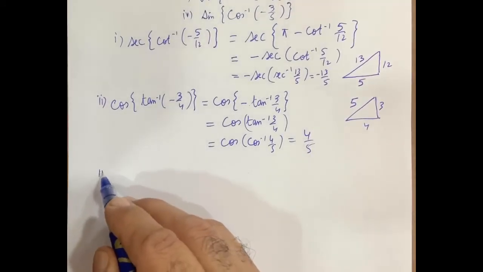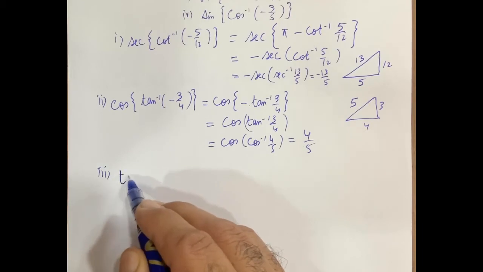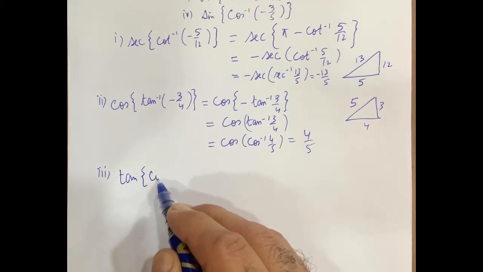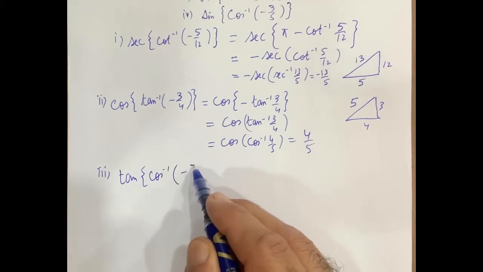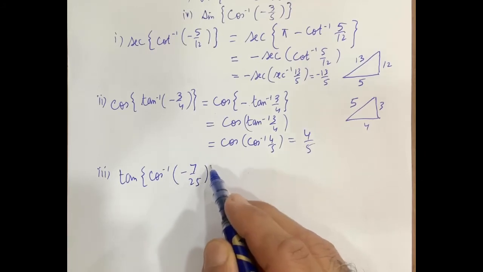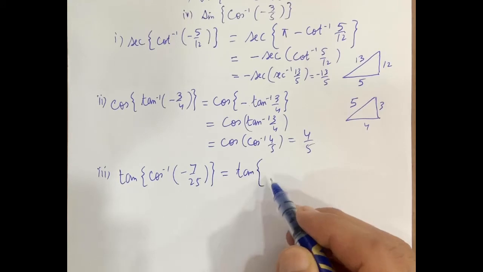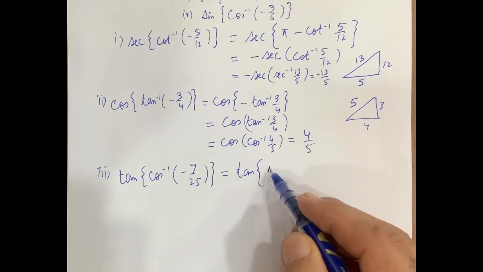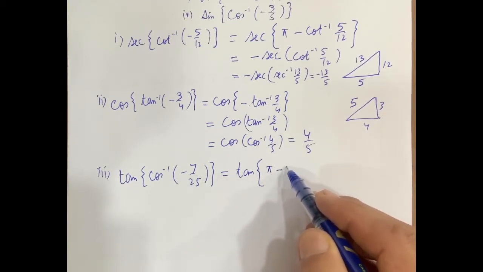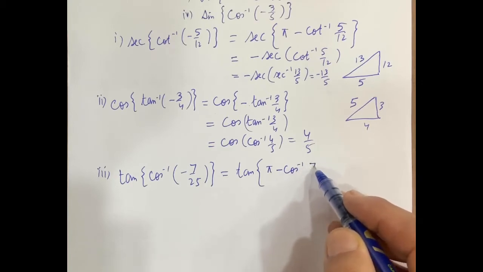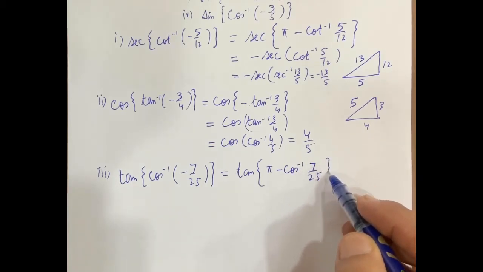Third part, tan of cos inverse of minus 7 by 25. This is tan, cos inverse of minus x is pi minus cos inverse of x, this is 7 by 25.